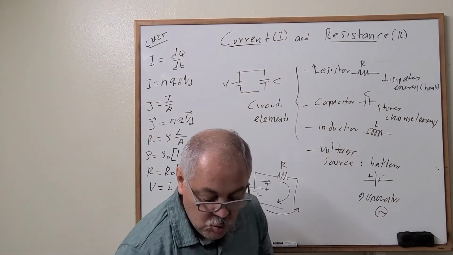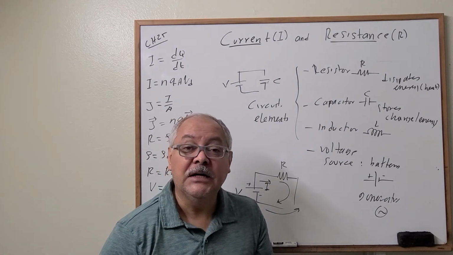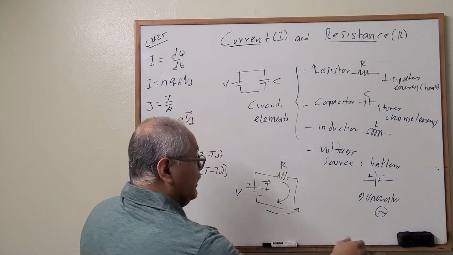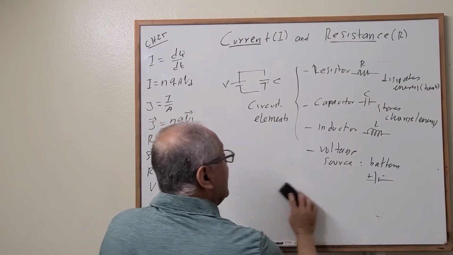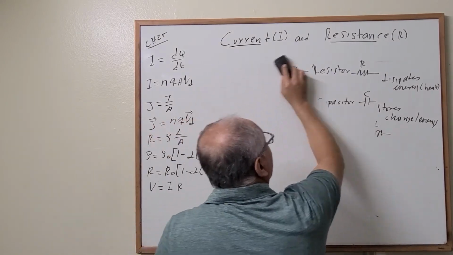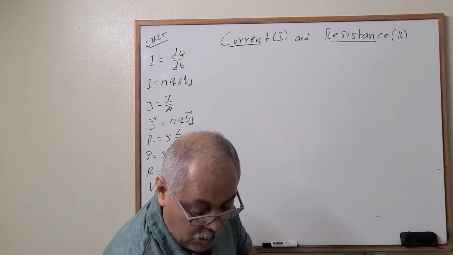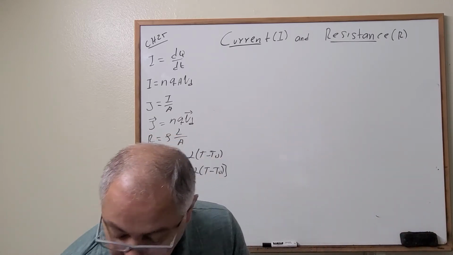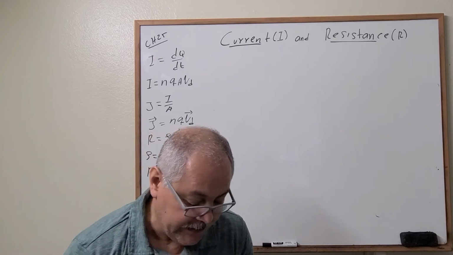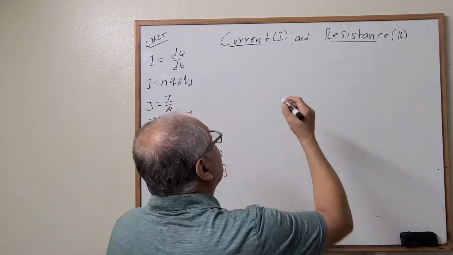Now, let's do one example. Let's try to find the drift velocity. Imagine that we have a wire with electrons with some current, correct? Let's do this example, please.